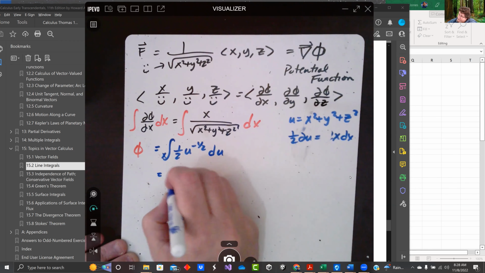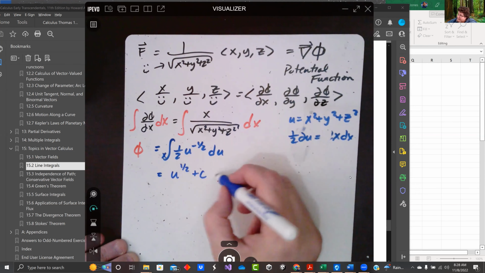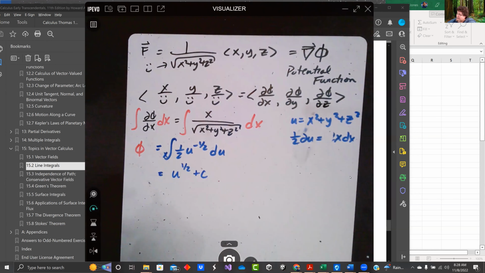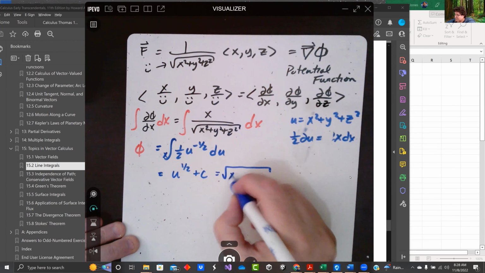I'm just left with u to the 1/2 plus some constant. And that is going to be the square root of x squared plus y squared plus z squared, plus some constant.